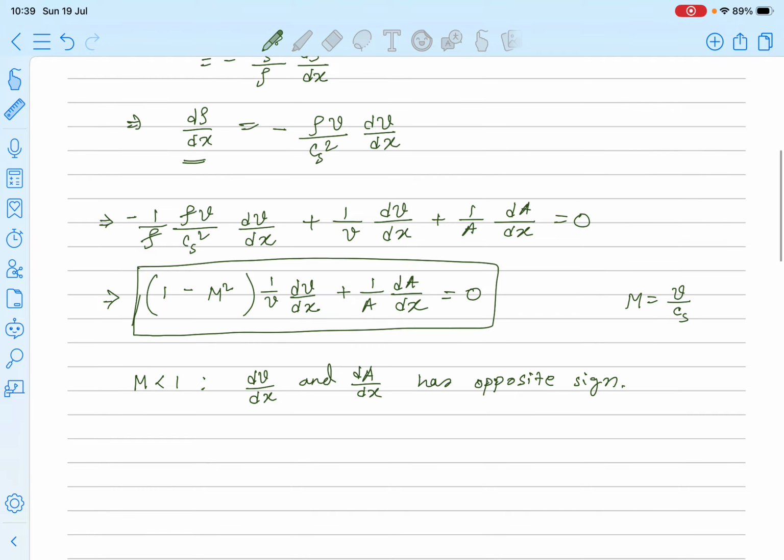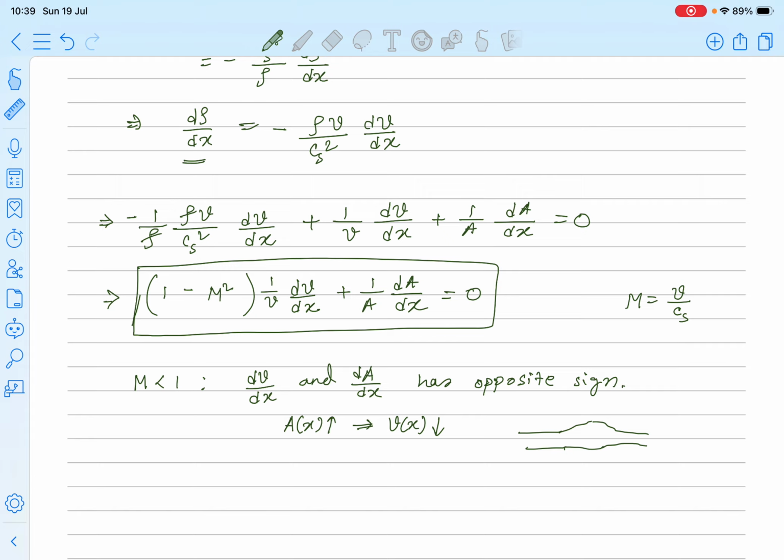So if we increase A(x), our velocity will decrease. If we increase the cross sectional area, the velocity will decrease, and if we decrease the cross sectional area, velocity will increase.